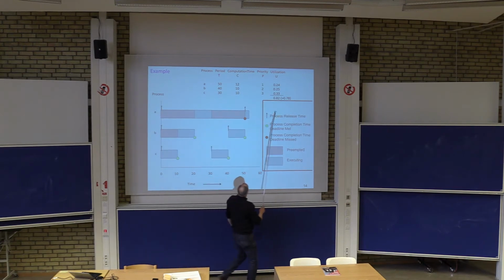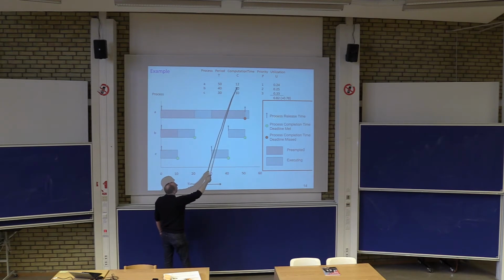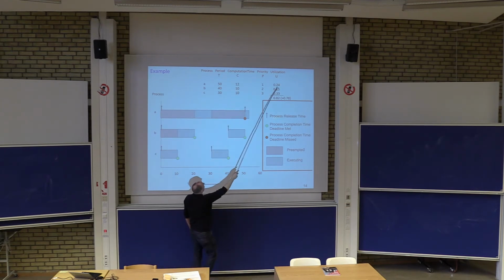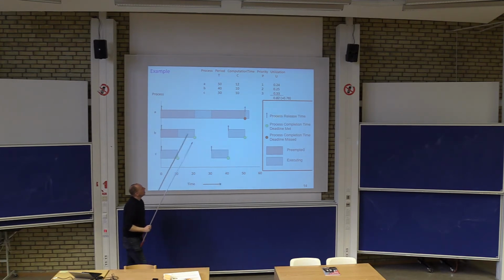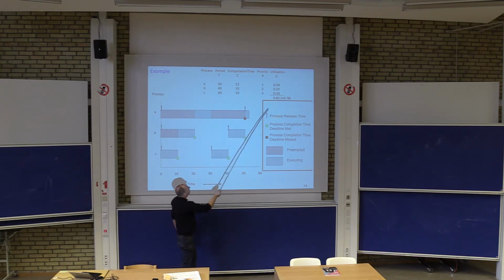So in this example, for task A, the period was 50 time units and the computation time was 12 time units. So task A will use the processor 24% of the time, and 25% for task B, and 33% for task C. So if we add them up, computing the total utilization U, it would be 82%.